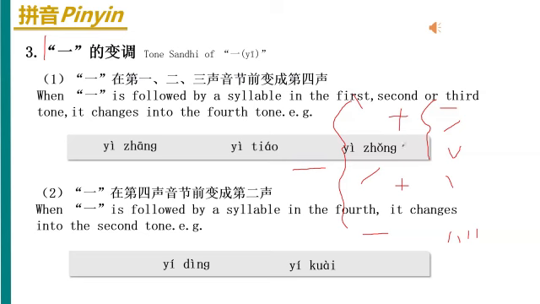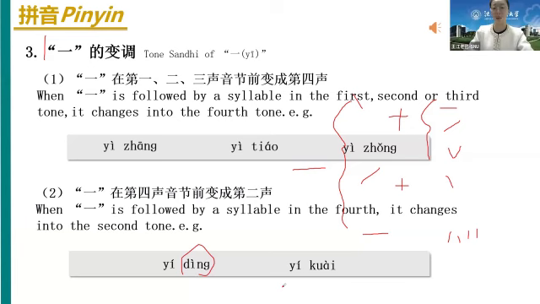Okay, good. Let's go on. 一定, 一定. Yes, right. 一块. Okay, good. 非常好, 谢谢. You should say 不谢. Okay, so are you clear? Do you understand the tone Sandhi of 一?